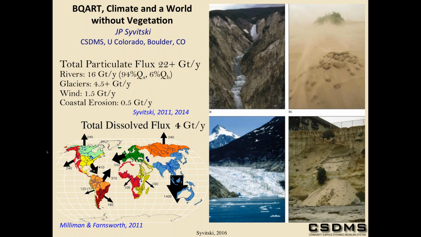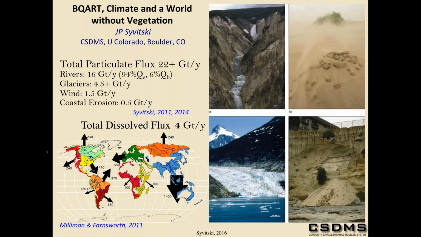We also have sediment that's moved around today by glaciers. Even in today's world where there's hardly any glaciers, that still comes up at around 4.5 gigatons per year, and I will talk about that also. The wind is about 1.5 gigatons per year, so not that much, but it's very significant in the places where aeolian processes dominate.